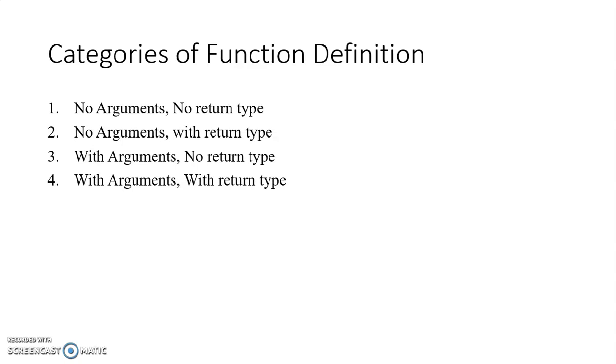As the names of these categories suggest, no argument means we are not going to pass in any parameter. Argument means parameter list, and no return type means the function definition doesn't have any return type. So we'll see one by one what those are.